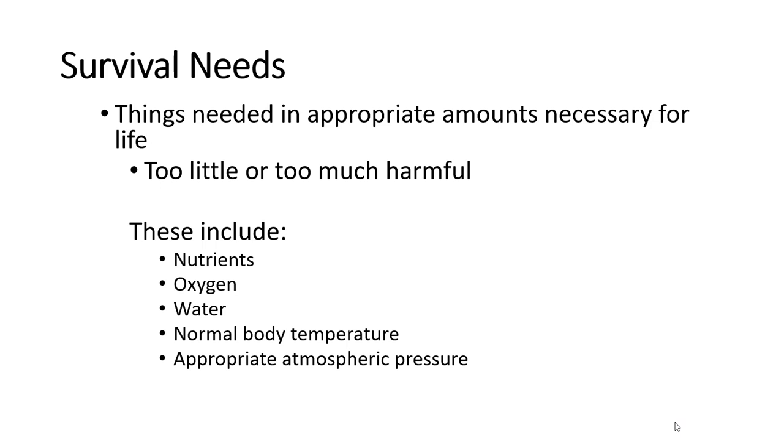And then our body temperature is what we use, or how we produce heat, for the generation of our skeletal muscle contractions. Appropriate atmospheric pressure must be kept at a certain range for our ability to breathe and conduct our cellular metabolic processes.